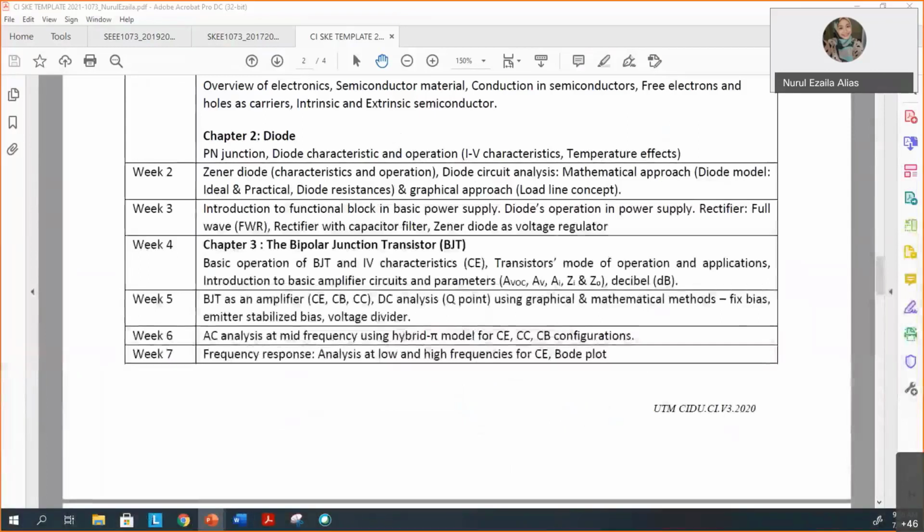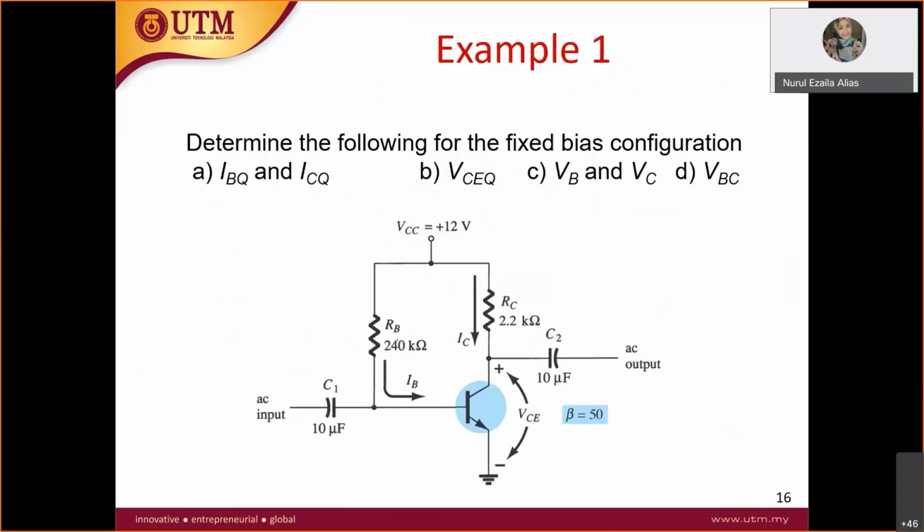Okay, so this is how you do it. This is your circuit, the circuit given, with all the resistor values and the voltage value and so on. First thing first is to remove the capacitor.